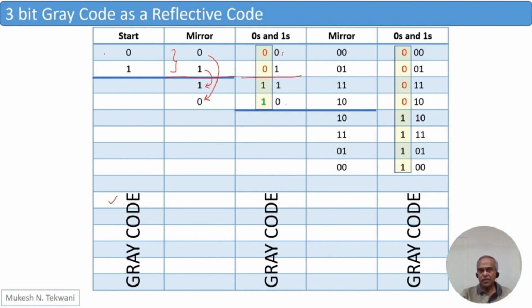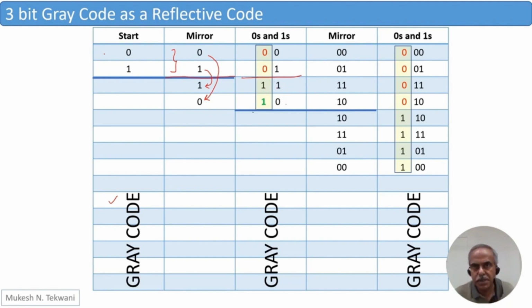You can see there's a difference of only one bit changing. As we move from here to the next, 0 1, 1 1, again this one bit remains the same, but the 0 has changed to a 1. Again 1 1, 1 0, we can observe the 1 has changed to a 0, but this one bit remains the same.